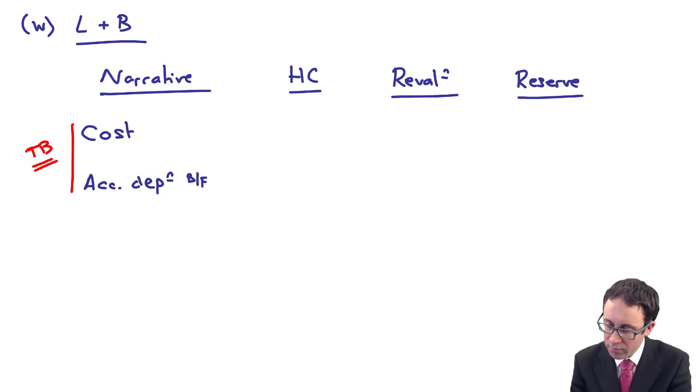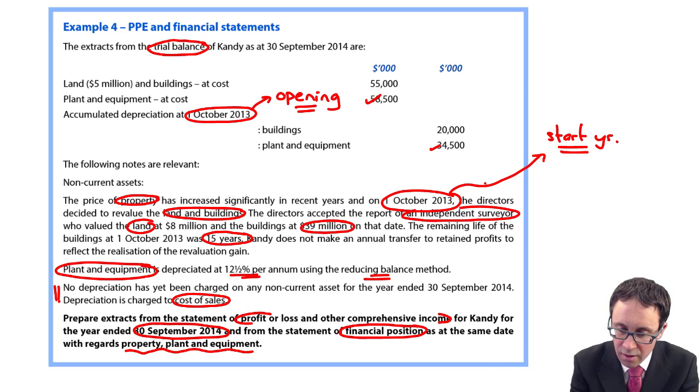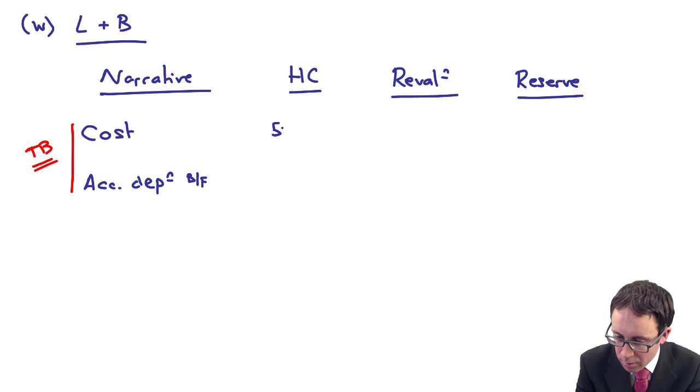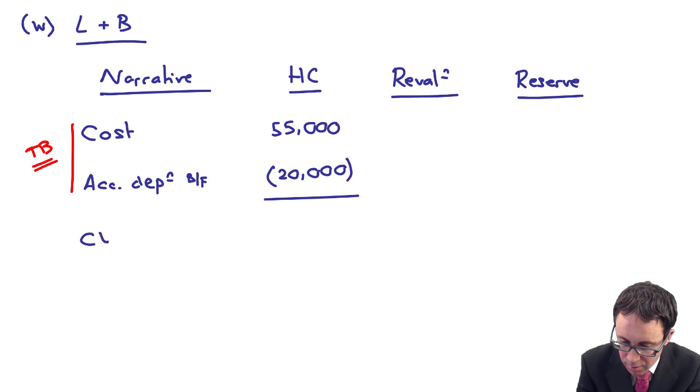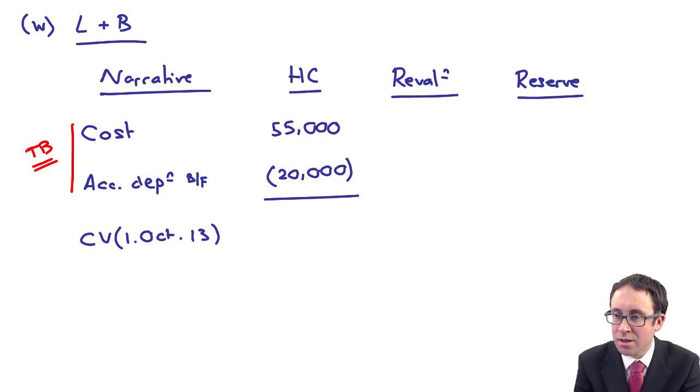So here the TB figures are 55 and 20. So my cost, 55,000, accumulated depreciation 20, gives me my carrying value at the start of the year, which was the first of October 2013.